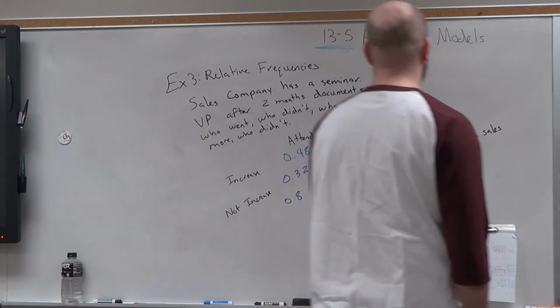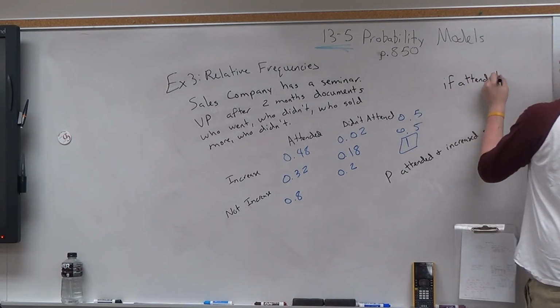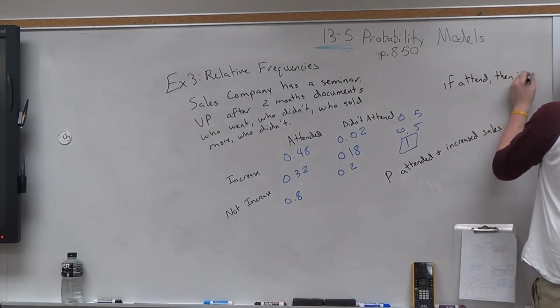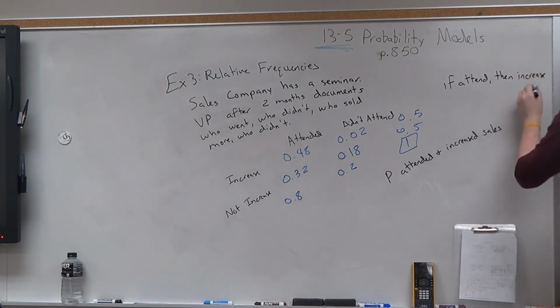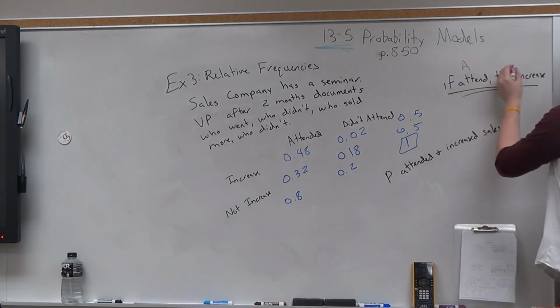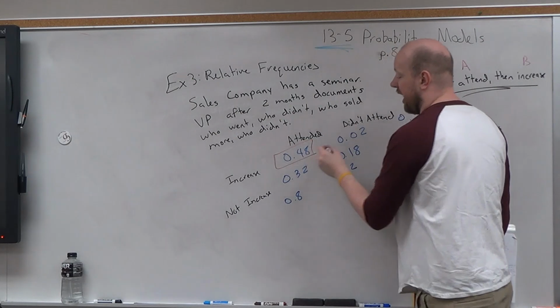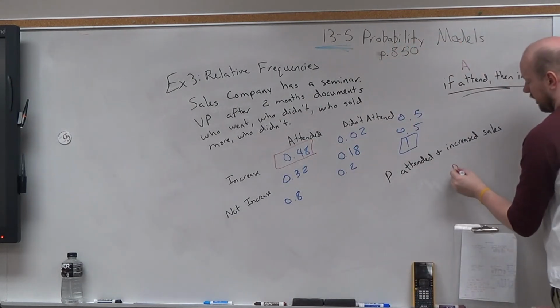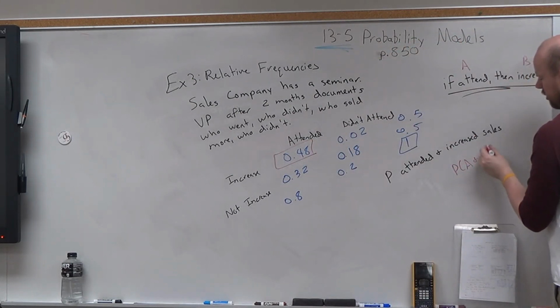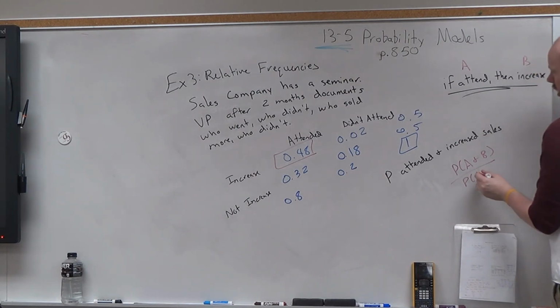So it says if attend, then increase. That's what we're trying to find here. So my attend would be A, and my increase would be B. So first we need to find the probability that they attended and increased. So attended and increased there. Probability of A and B over the probability of A.